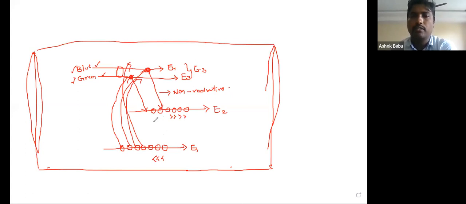At a particular instant, the number of chromium particles in the E2 state is greater than in E1. That means we achieved population inversion, between the energy levels E2 and E1.